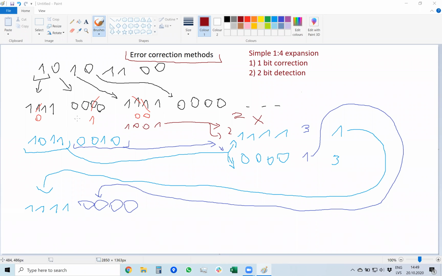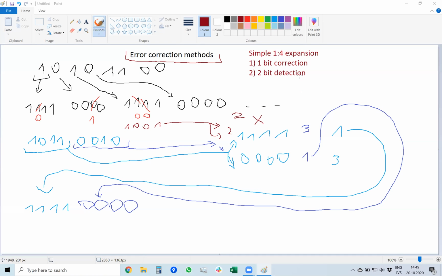But if the transmission line or air is very noisy, then this algorithm is just not good. For example, you can use it in cable communication. Cable communication rarely, if ever, has some bits flipped, and so you could use it there.